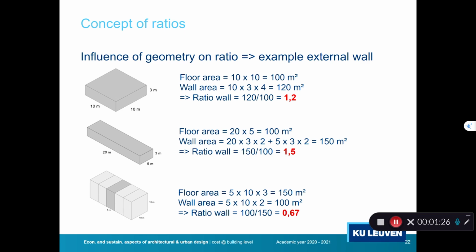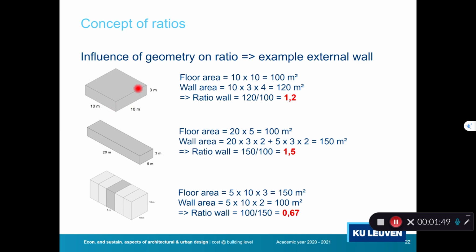As a wrap-up, the ratio is calculated by first calculating the floor area of the building. For the first building, we have a square plan of 10 by 10 meters, meaning we have a ground floor and a full floor area of 100 square meters, as there is only one floor. Secondly, we calculate the external wall area.